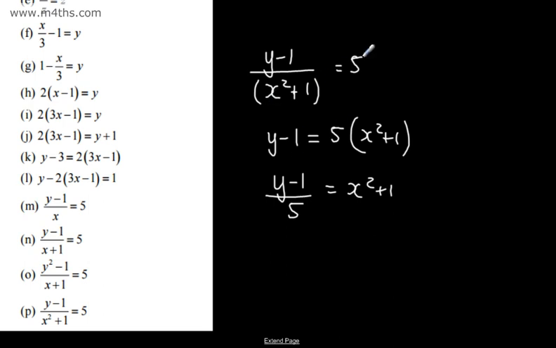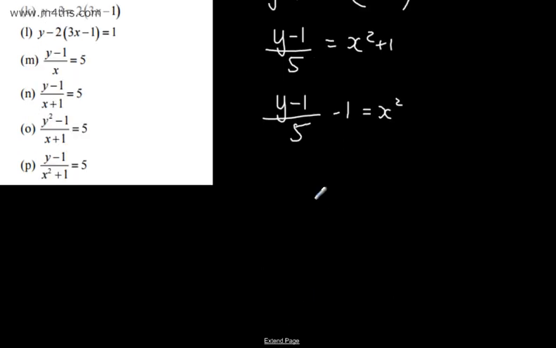I'm multiplying by this quantity divided by the 5. So y minus 1 divided by 5 minus this 1 gives me now x squared. So I'm making x the subject, not x squared. What I need to do is take the square root. Whenever I take the square root, I'm always going to have a plus or minus, as discussed previously. So plus or minus the square root of y minus 1 divided by 5 minus 1 is going to give us x.